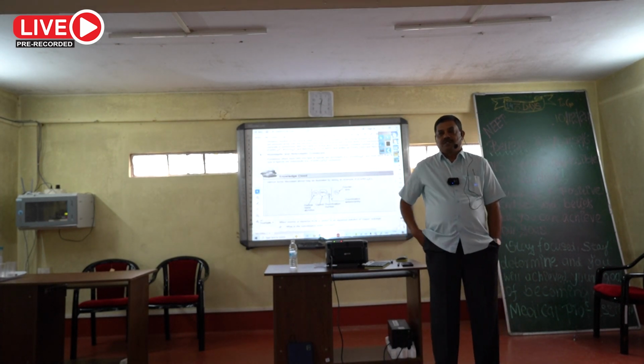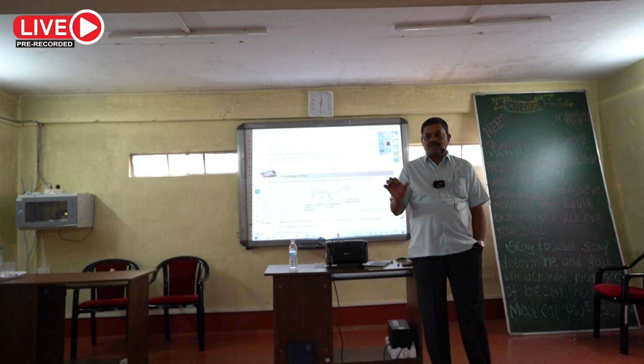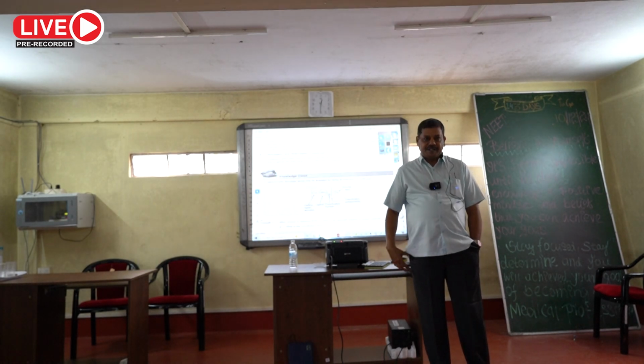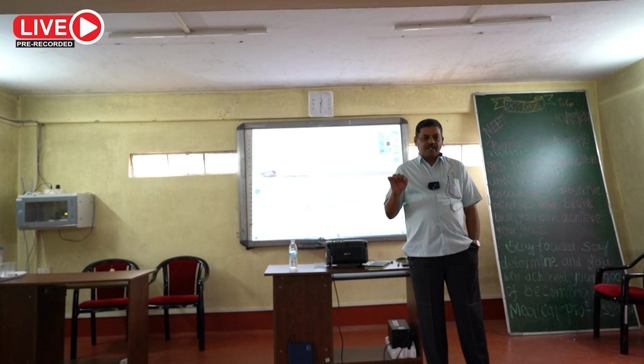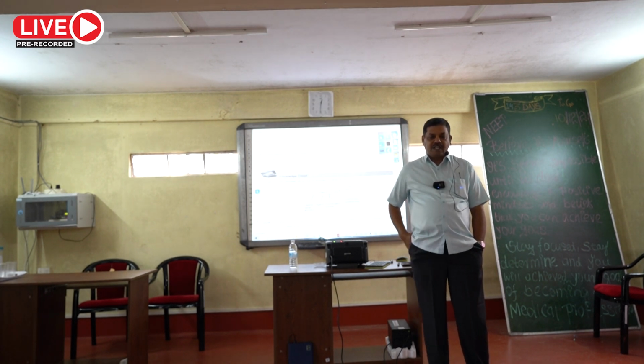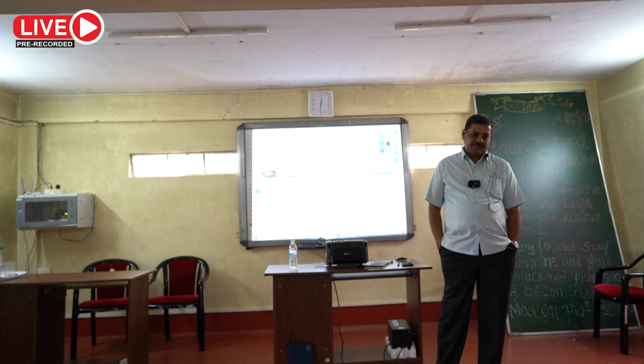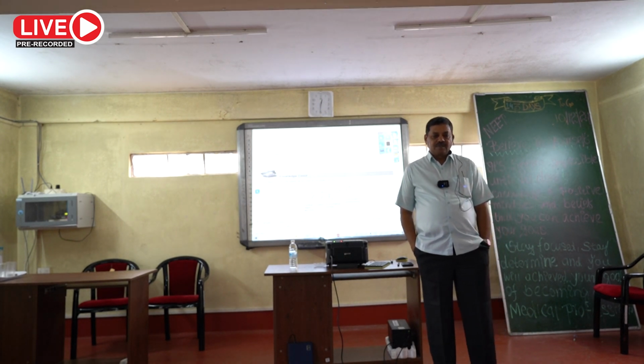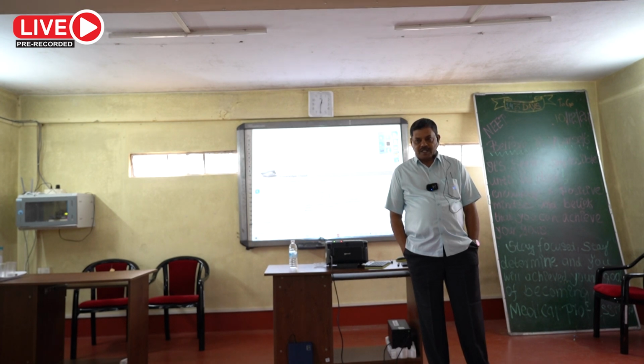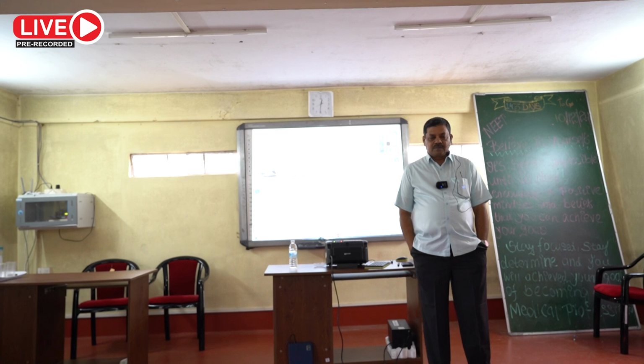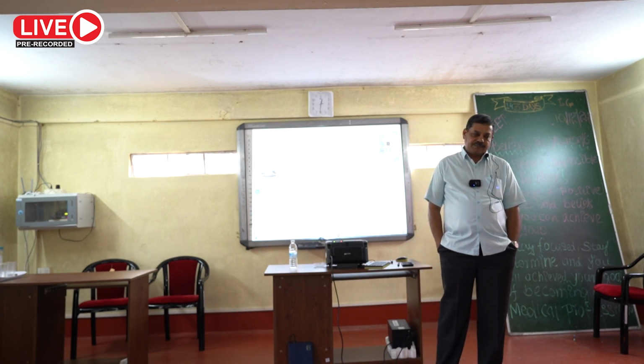Example: on one side you write coordination number, on the other side you write geometry. Under coordination number you write 2, under the heading of geometry you write linear. If the coordination number is 2, what is the geometry? Linear. Coordination number 3, trigonal planar.